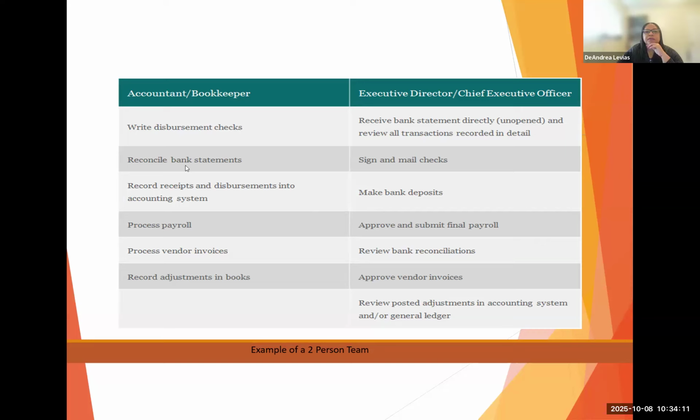Whoever's reconciling bank statements. So if the accountant is reconciling the bank statement, then the executive director or someone, and these are just example positions, it doesn't have to be someone as high as an executive director, is signing and mailing checks. Whoever is recording receipts and disbursements in the accounting system, someone else should be making the bank deposits.